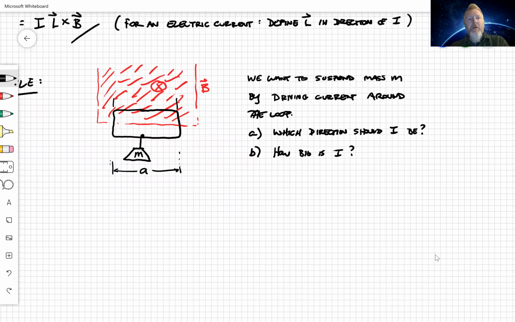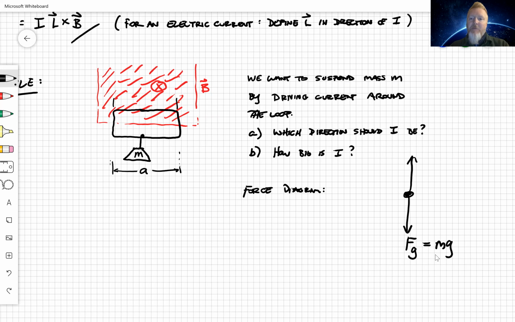Well, if I draw a force diagram, see, these things never go away. If I draw a force diagram of the mass, there's the mass, and it's going to have some weight. And I want to balance it.